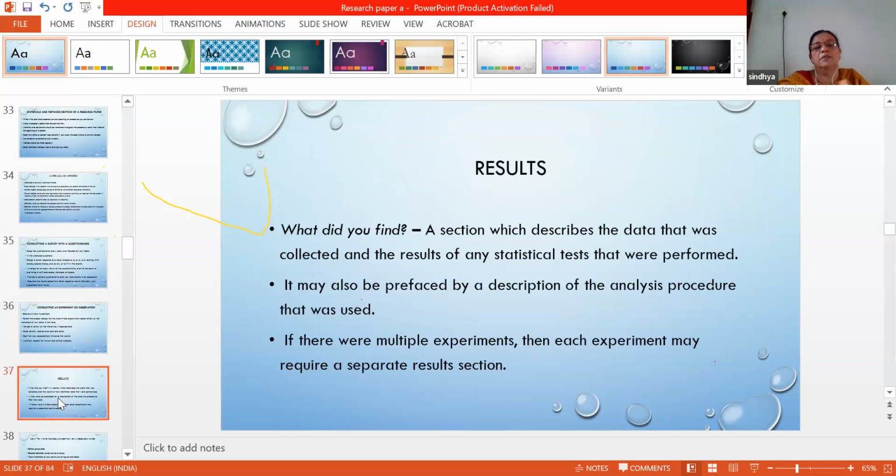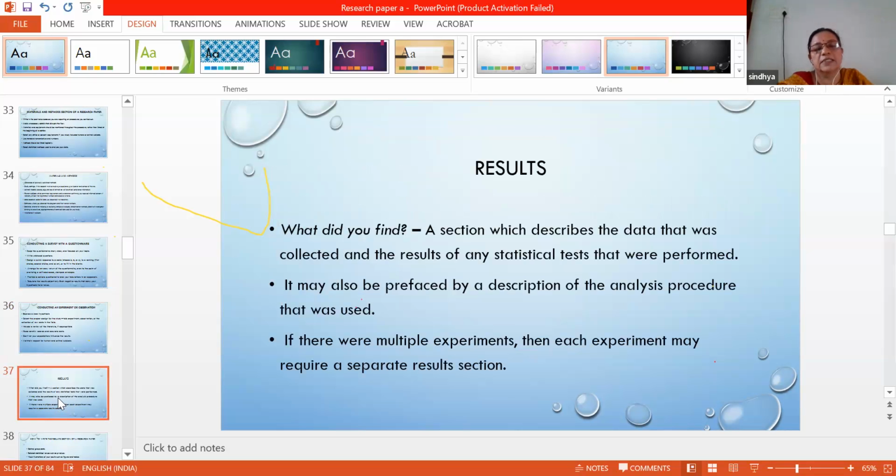So from the methodology part, we are moving to the result section. Results explain whatever you obtained from your data. What did you find? Once the data was collected and analyzed, based on the statistical results, what is obtained?